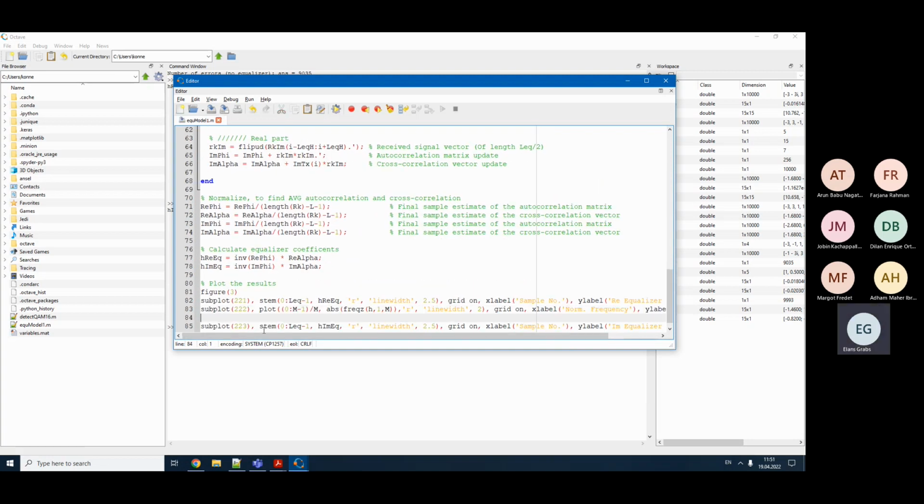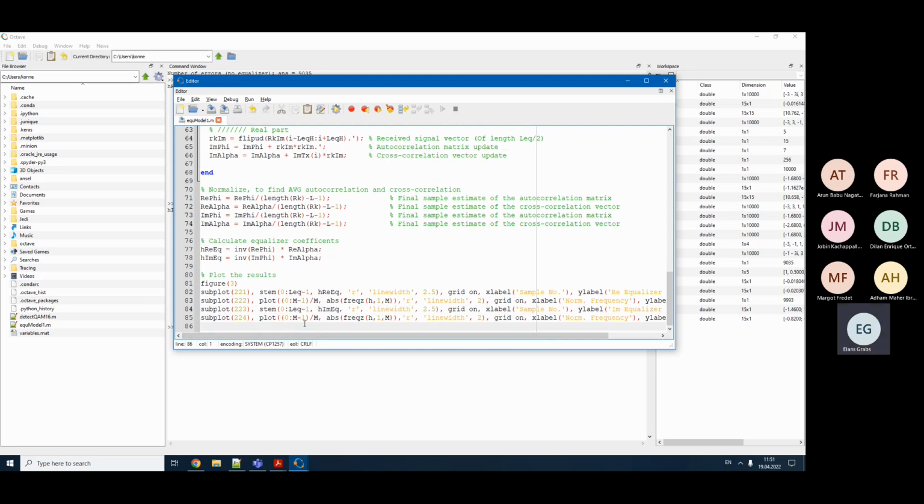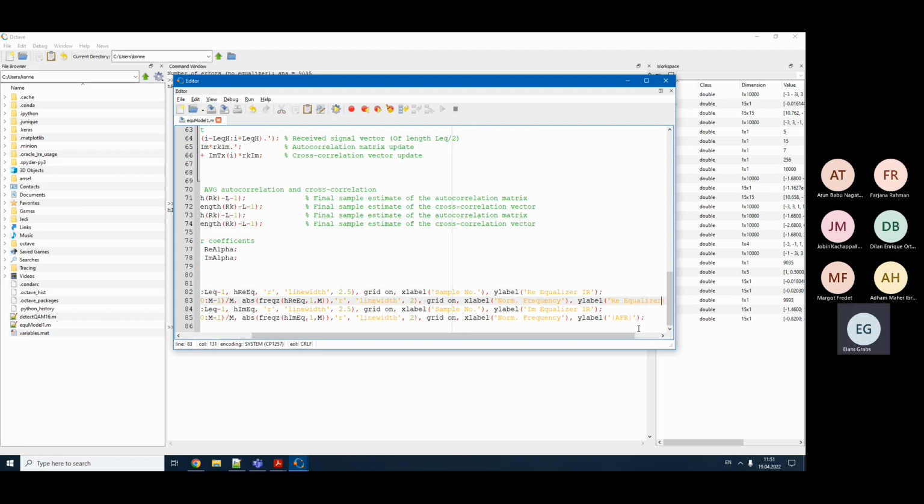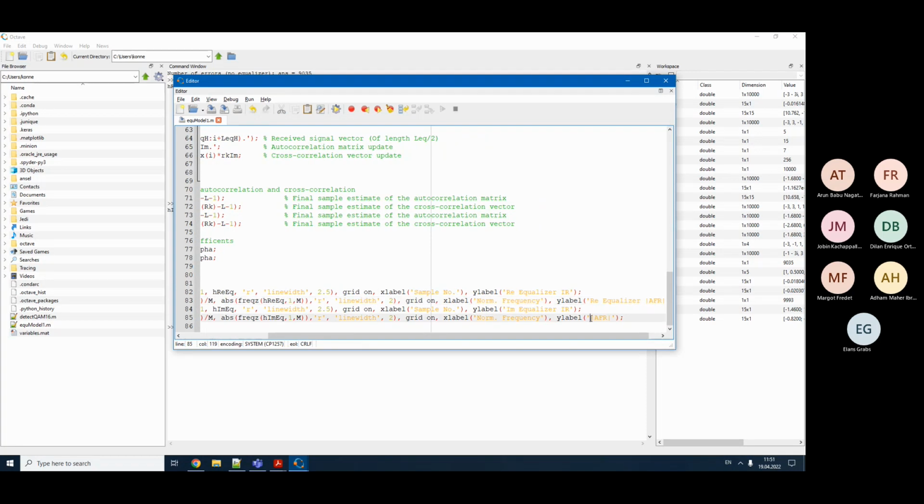So I'm replacing this and this. Freq Z here, H imaginary EQ, H real EQ. And accordingly, real equalizer, here imaginary equalizer.